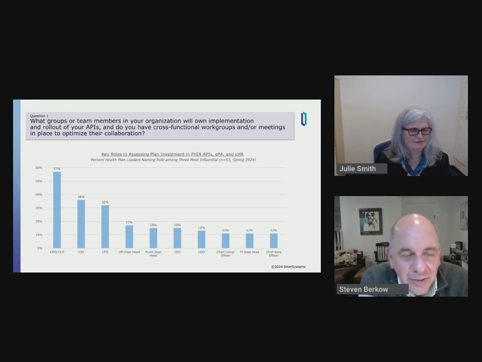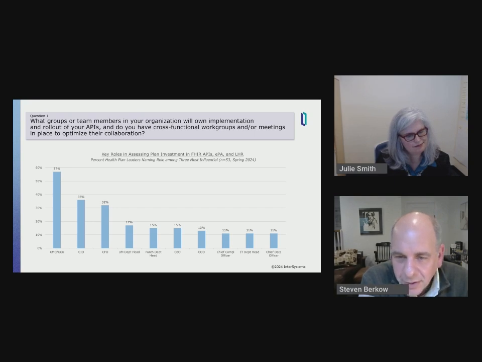What's graphed here is the percent of health plan leaders at a pretty broad cross-section of plans across the country, what percent of them actually rated the roles listed below as among the 3 most influential in investment decisions regarding FHIR APIs, prior authorization, and longitudinal health records?